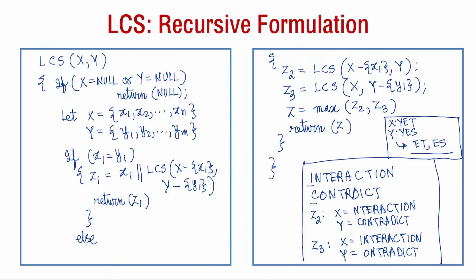And if you open up this recursion, it is not difficult to see that identical subproblems will significantly arise, because when I take x minus x1 with y and x with y minus y1, at some point in time I will get back x minus x1 and y minus y1, either from here or from here.